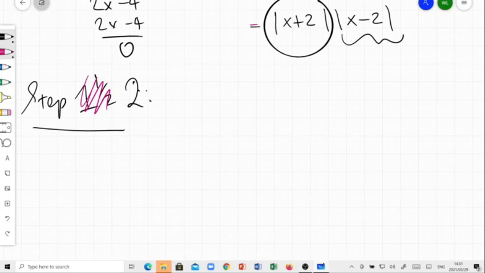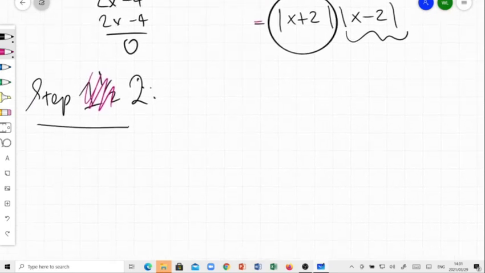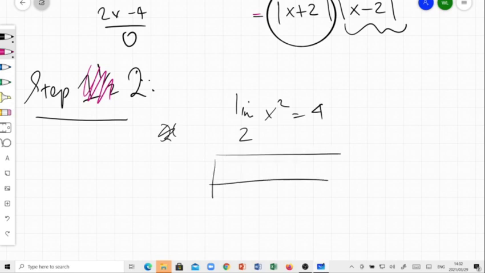The extra step we now have to take is this. Remember that when you took the limit, when you asked what is the limit of x squared when x approaches 2 in high school, the way you did it was you looked at those x values that were very, very close to 2.